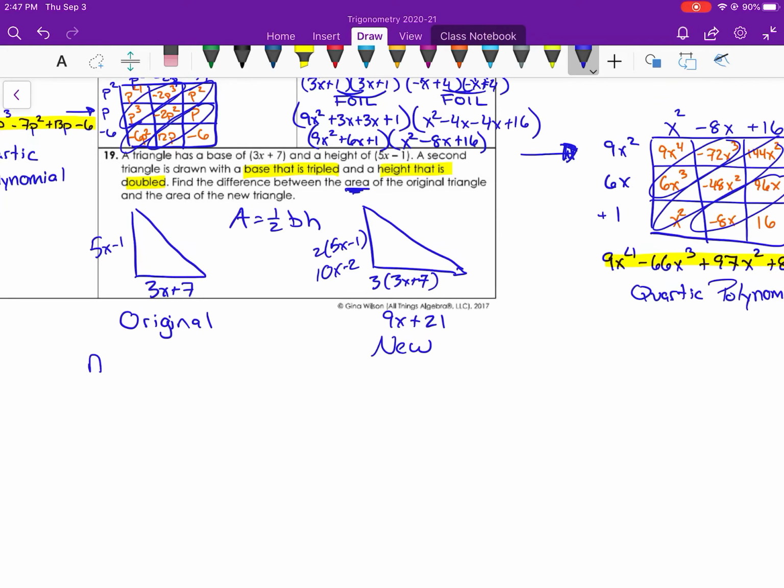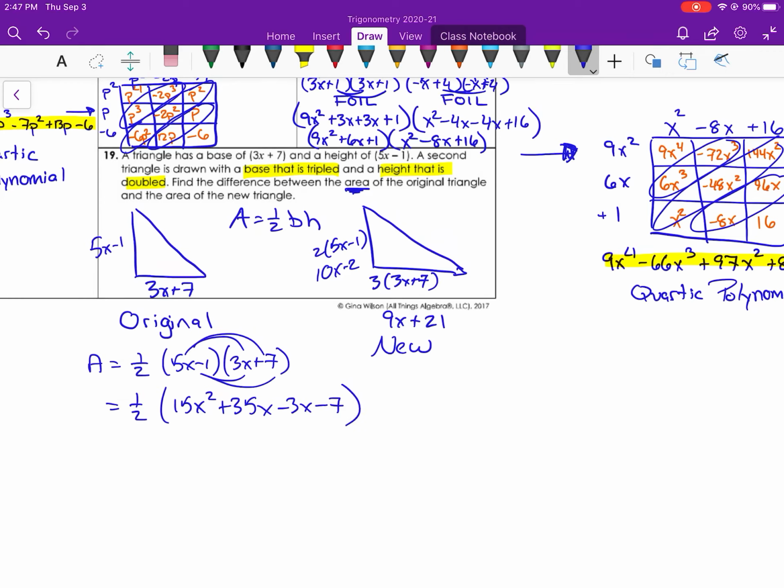So let's figure out the original. Area equals 1/2 base times height, or height times base, multiplication doesn't matter. So let's FOIL it out. We get 15x squared plus 35x minus 3x minus 7.